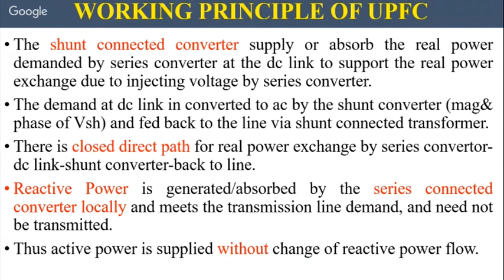The shunt connected converter produces voltage magnitude and phase in such a way that the demand of the transmission line is met by this. How does it generate? That is controlled by the converter, which will finally give the pulses for firing the thyristors.